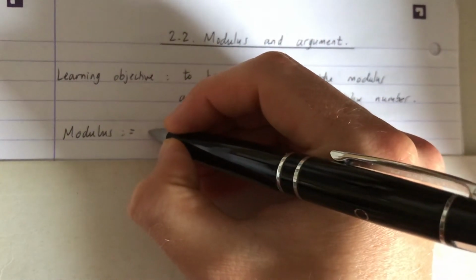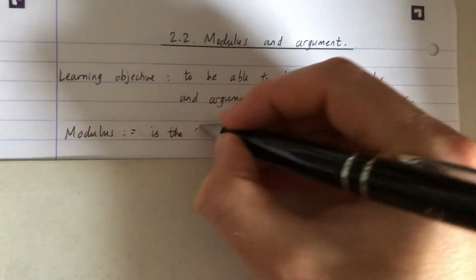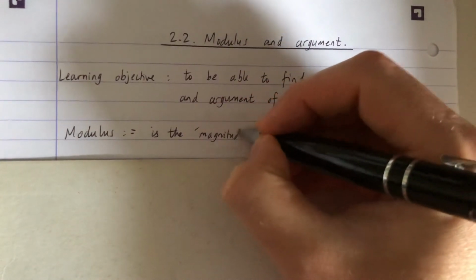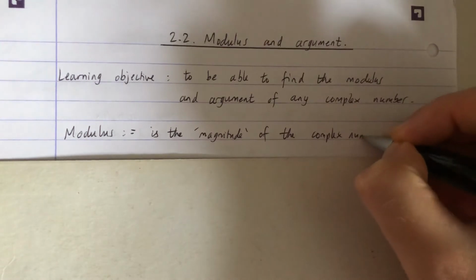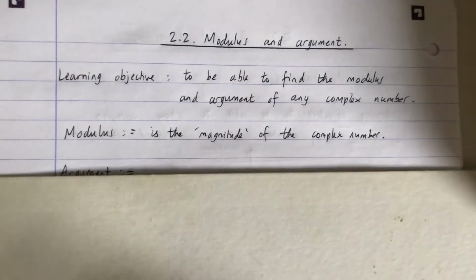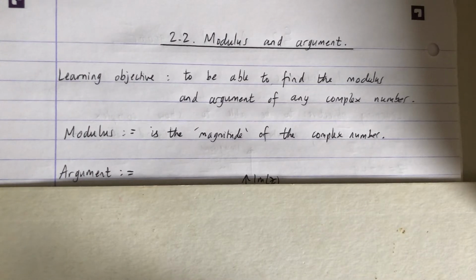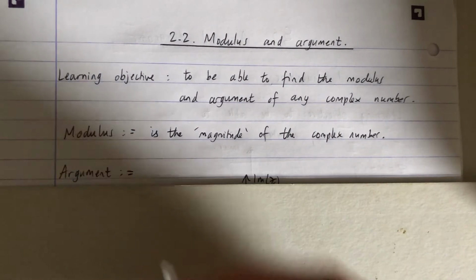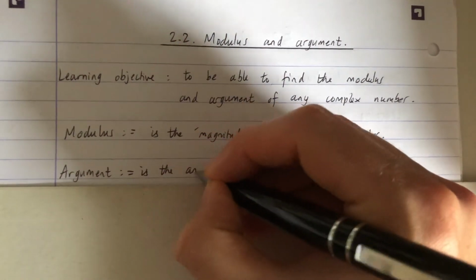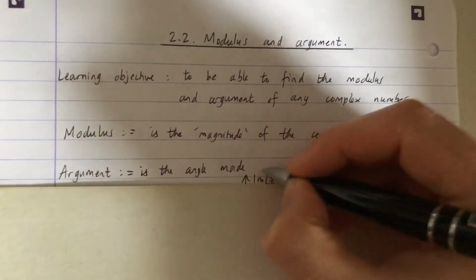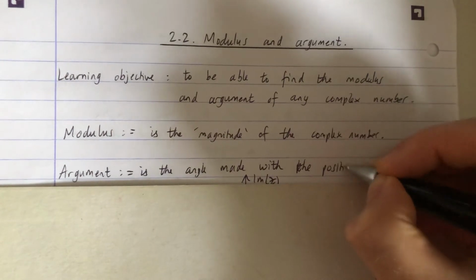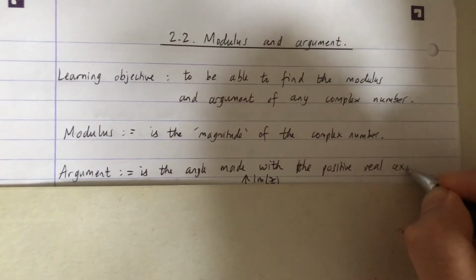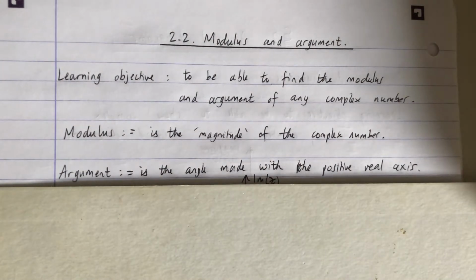So modulus is the magnitude of the complex number, and the argument, again thinking back to vectors and last lesson, is the angle made with the positive real axis.